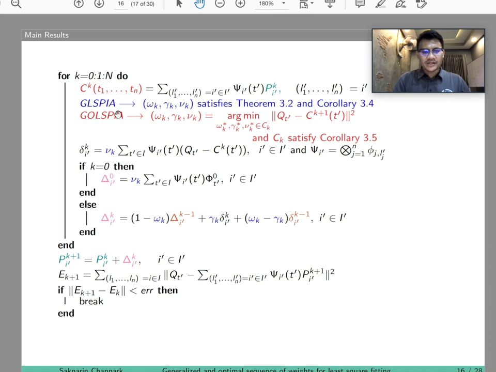And for the GLSPAA, or generalized, we use omega k, gamma k, nu k satisfying Theorem 3.2 and Corollary 3.4.